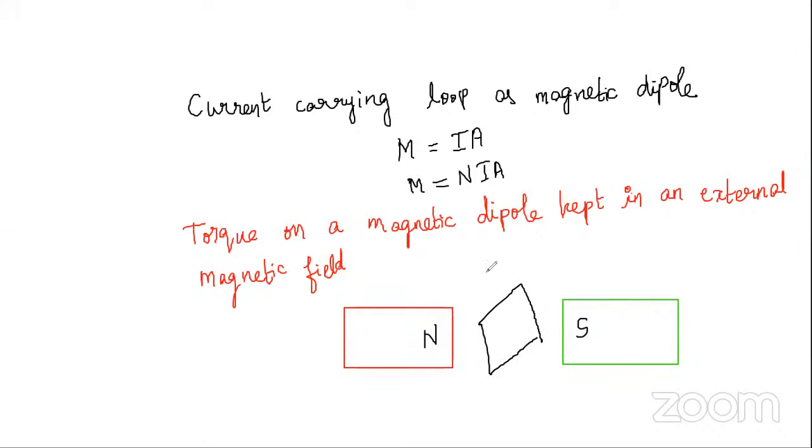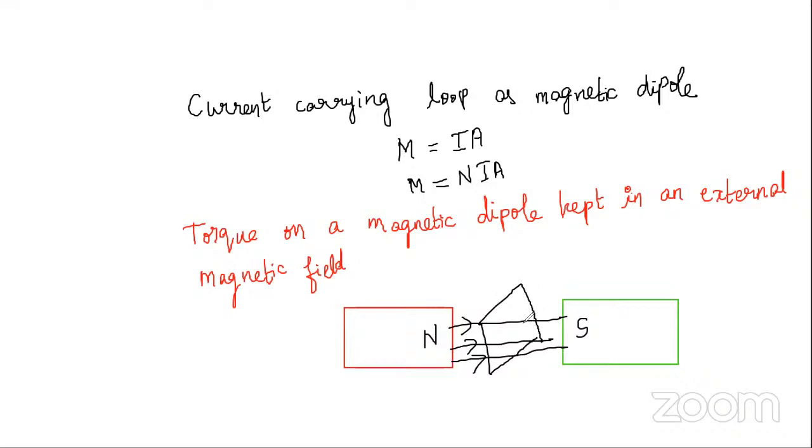Just now we have discussed current carrying loop as a magnetic dipole. Similarly here, this current carrying loop is kept like this. We have magnetic field in this direction. So this current carrying loop is kept in this external magnetic field.